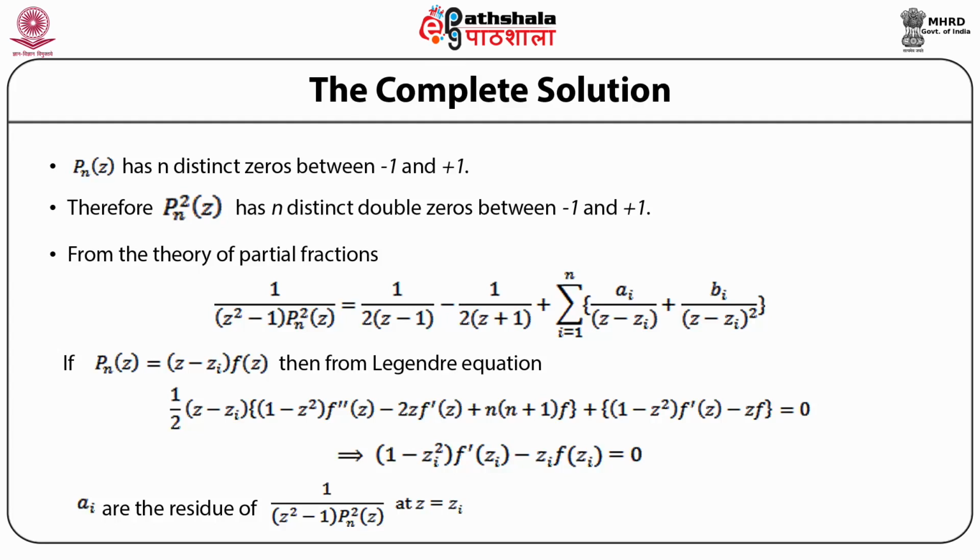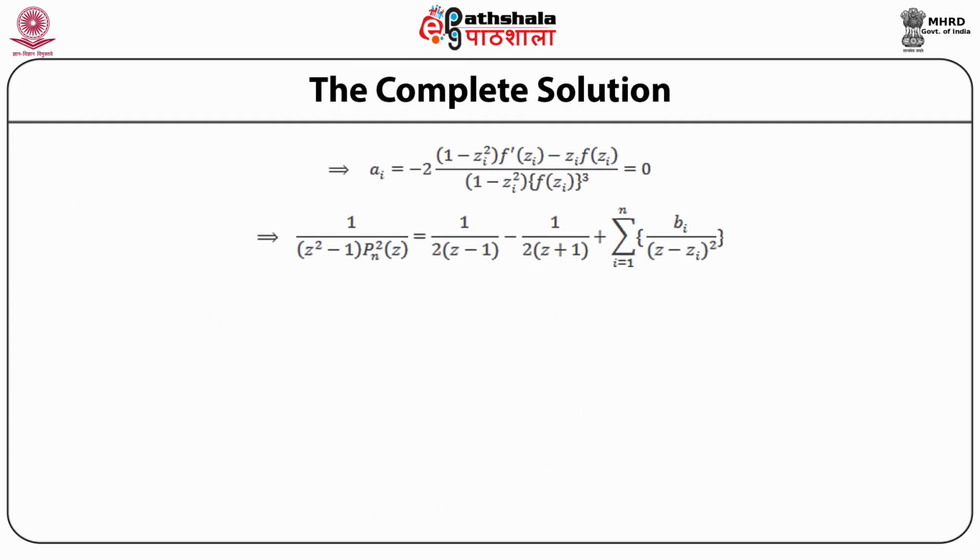Now, the coefficients ai are the residue of 1 by (z square minus 1) into Pn square of z at z is equal to zi. ai is equal to (1 minus z square) into f prime zi minus zi into f zi within the brackets, multiplied by minus 2 divided by (1 minus zi square) into the cube of f of zi.